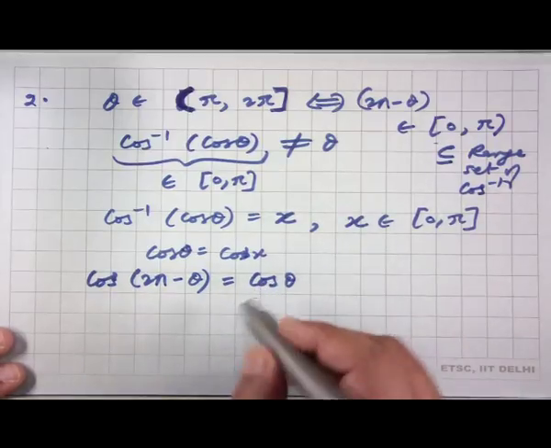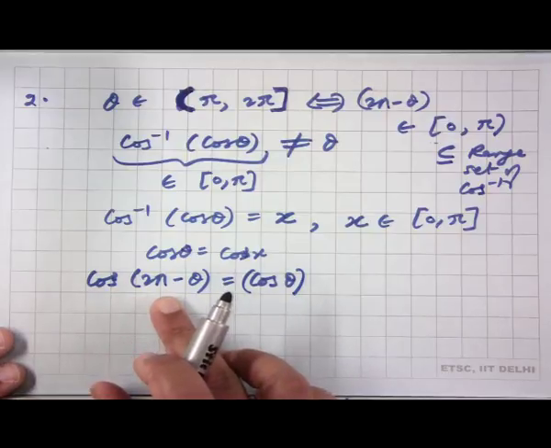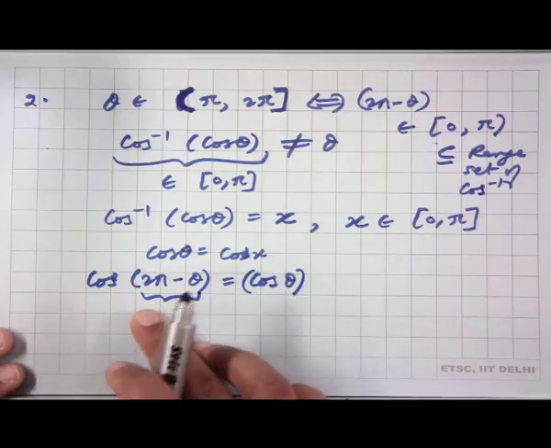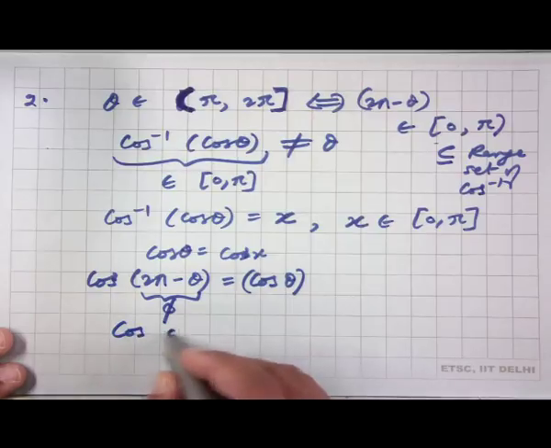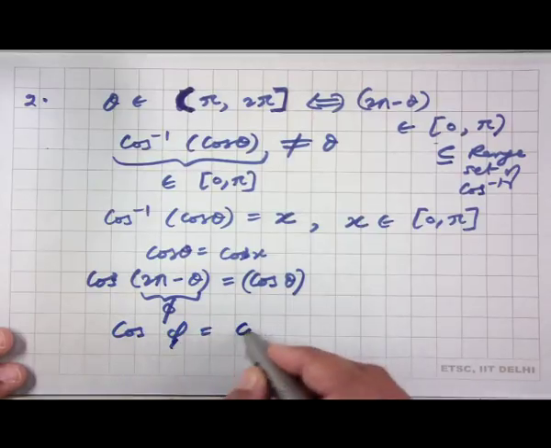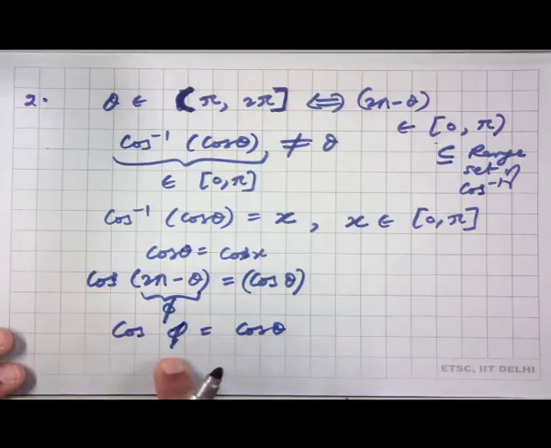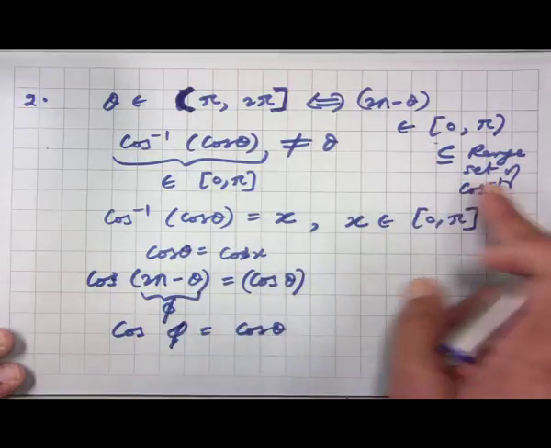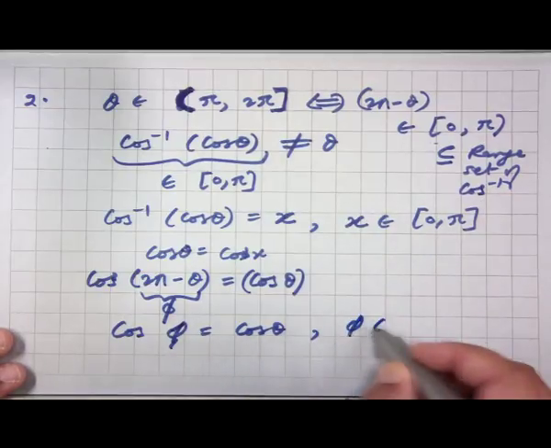So, we have an angle 2 pi minus theta. Let us say this is phi. Then cos of phi is equal to cos theta, and we know that this phi, which is 2 pi minus theta, belongs to the range set of cos inverse.